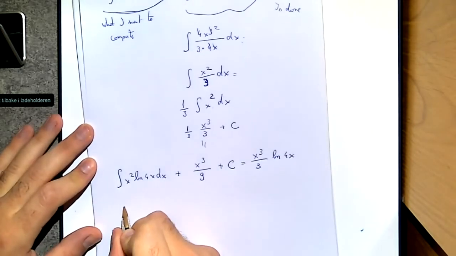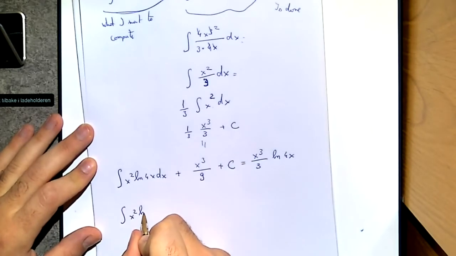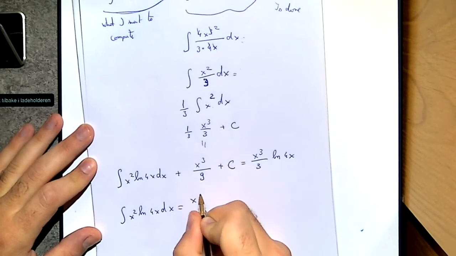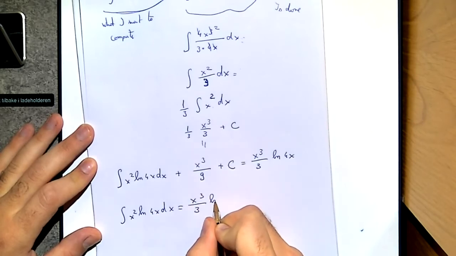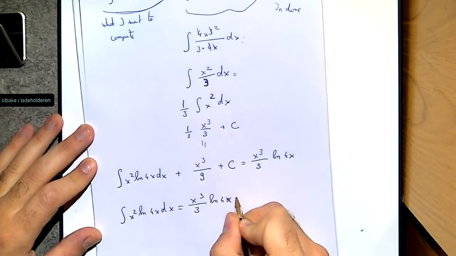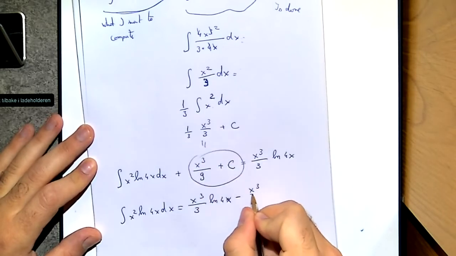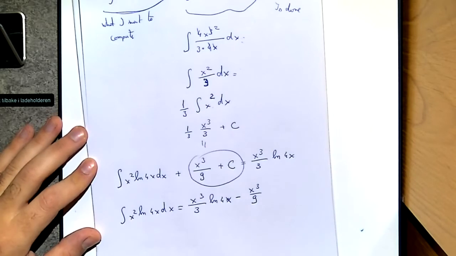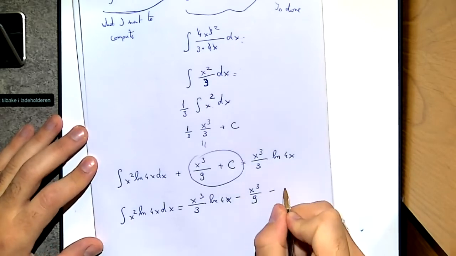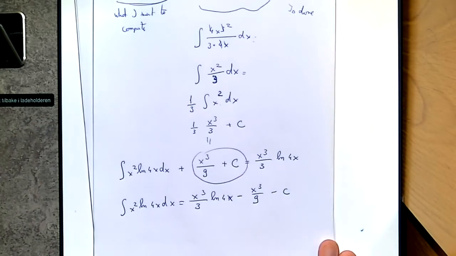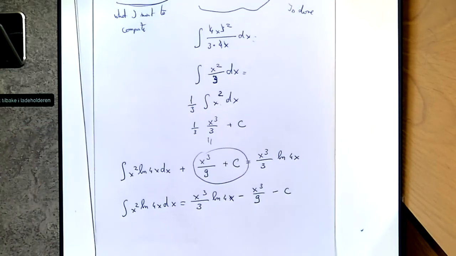So everything that I had to compute is just equal to the right side minus this thing, minus x to the third over 9, and minus a constant; the constant doesn't matter, it can be negative or positive as well. So this is my answer. And if you don't believe me, just compute the derivative on the right side and you should get the left side.